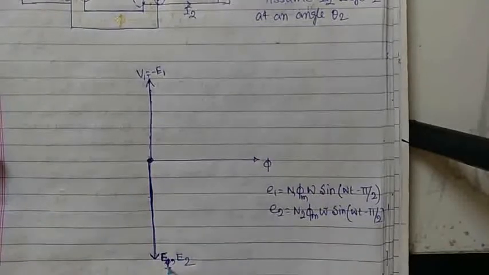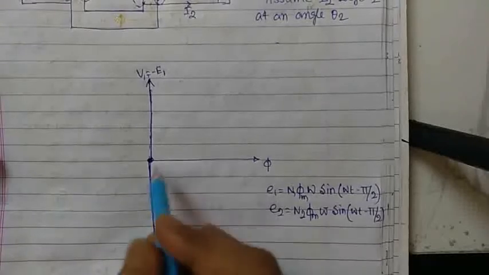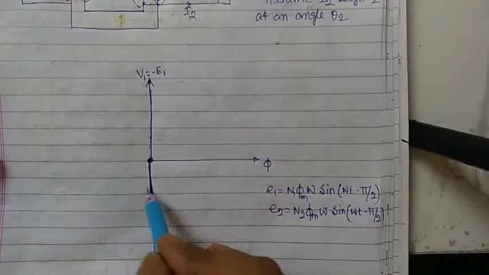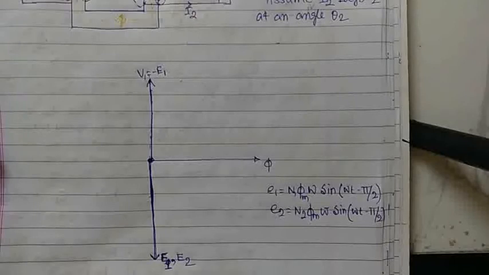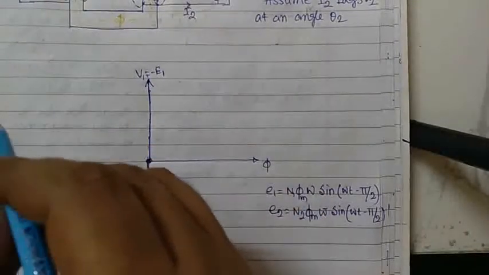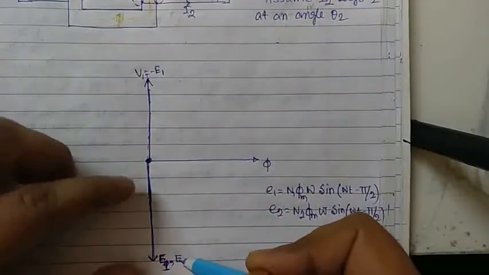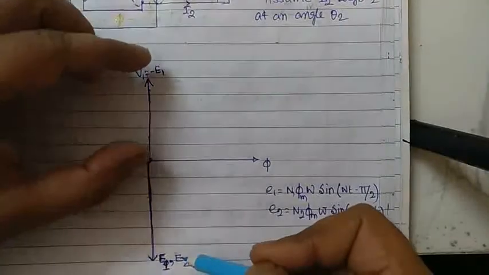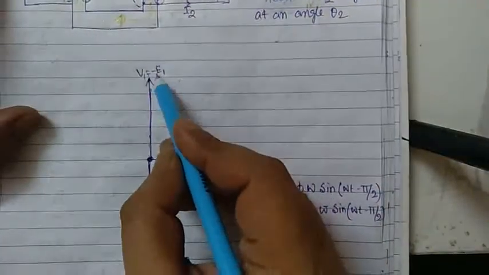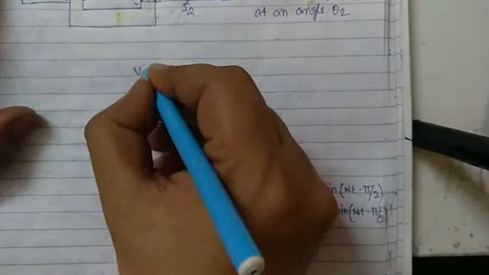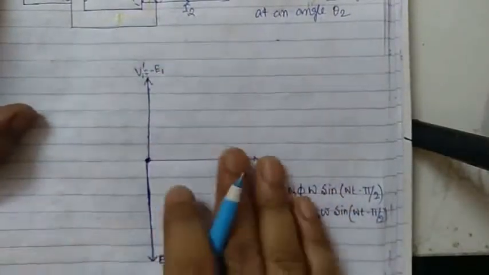So these are your E1 and E2, lagging from phi by 90 degrees. Now, for simplicity of calculation, we take E1 on the other side, that is minus E1, which is equal to V1 prime.